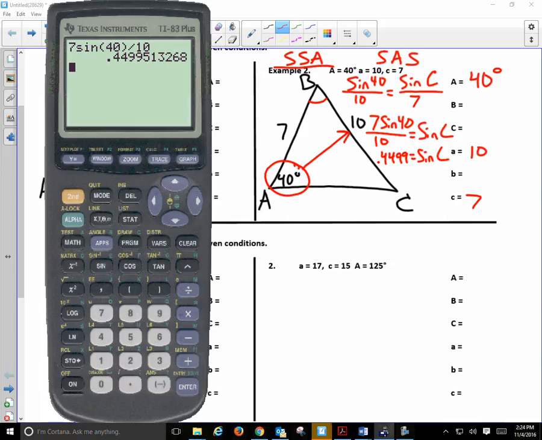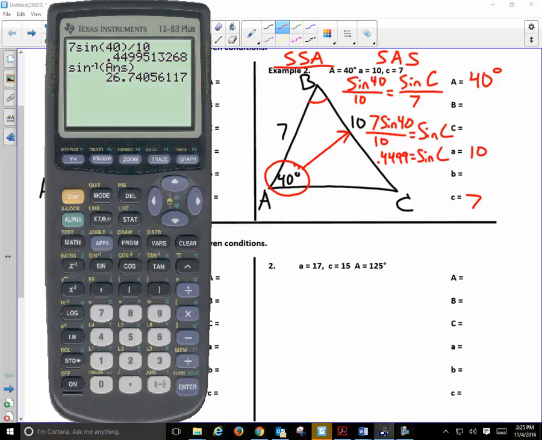Is that my angle? No. How do I find the angle? I've done it many times before. Yeah, you just do second sine. And I can press second answer to get that exact value in there.